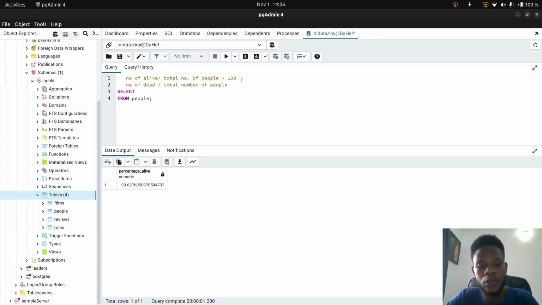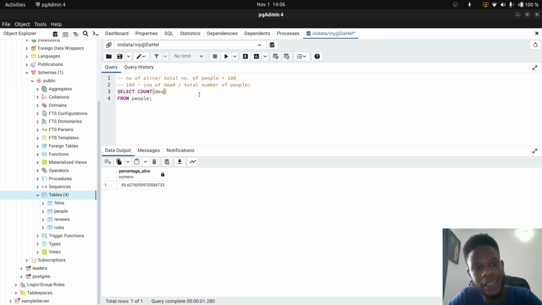So if you now want to find the number of people alive, just subtract the whole of that from 100. So the first thing when you're working on a problem like this is to think it through. Once you're done thinking it through, like we've done here, finding the formula, then you code it. So let's see. Death rate should be the number of people that are dead.